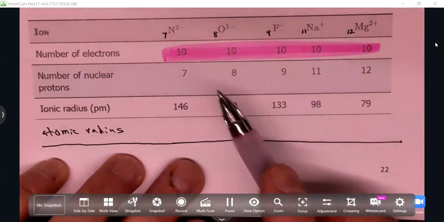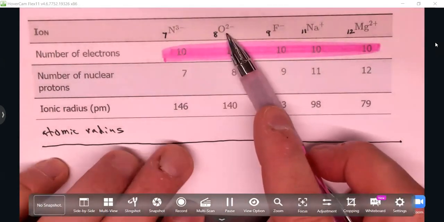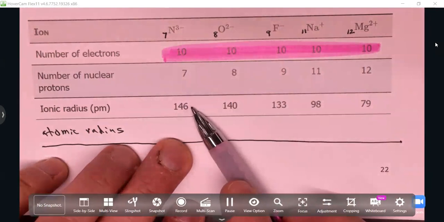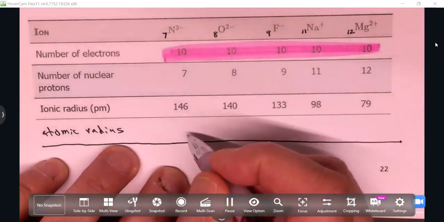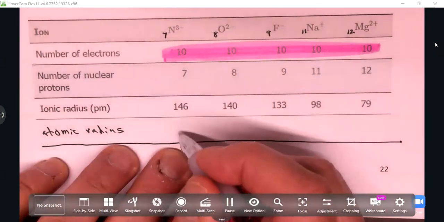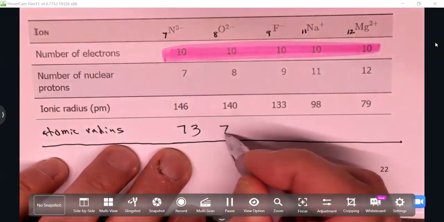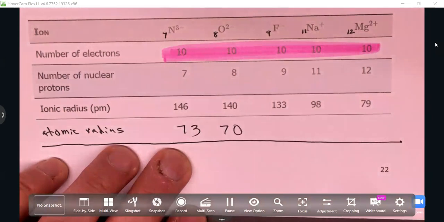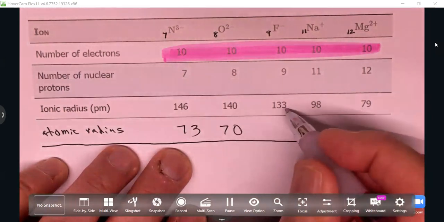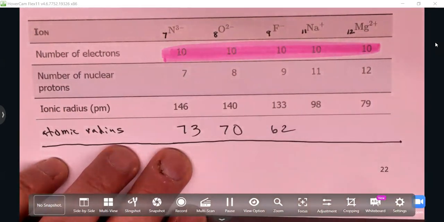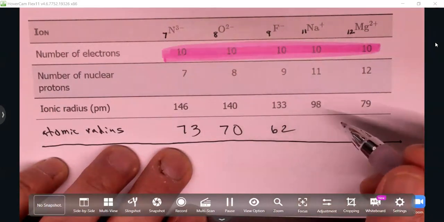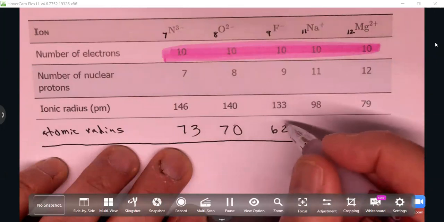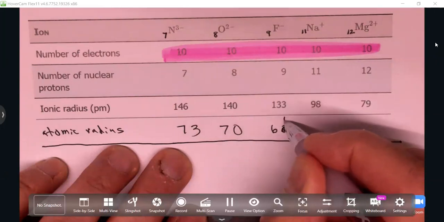When you form a negative ion, the radius about doubles, closely to doubles. So the radius of the neutral atom here, I don't know, it's going to be about 73, and this is going to be about 70. Again, this right here would be half of this, I don't know, 62. Actually be more than that, it'd be 60. Yeah, that'd be 124, so it'd be 60, 66.